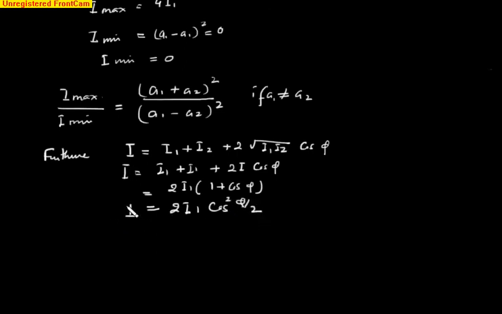So the total intensity on the screen will be like this, and it will depend upon the phase difference phi. Let us say phi is 0, or let us say 2 pi, then cos 0 will be 1.